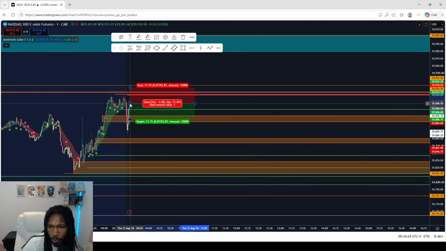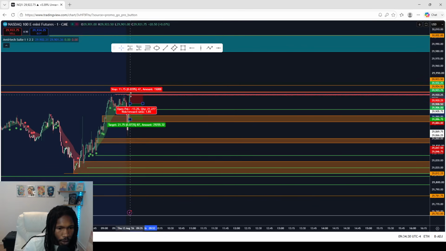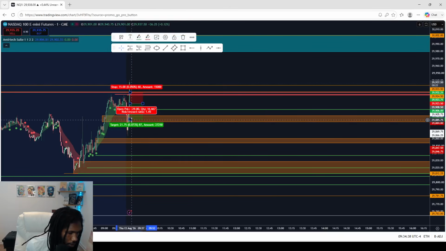This was our first position right there. Got stopped out in profit. The stop was just above this high. Good thing we moved our stops into profit. Market open is pretty choppy.